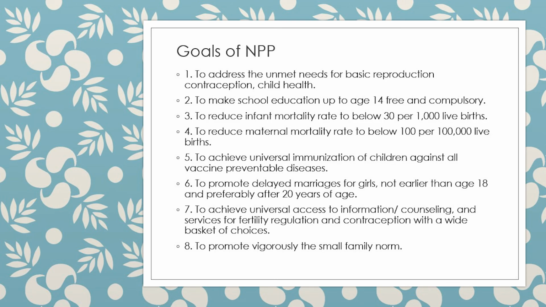To achieve universal immunization of children against all vaccine preventable diseases. To promote delayed marriage for girls, not earlier than age 18 and preferably after 20 years of age. To achieve universal access to information, counseling and services for fertility regulation and contraception with a wide basket of choices. To promote vigorously the small family norm.